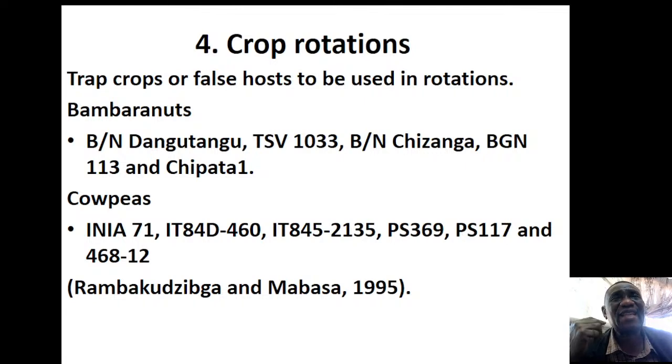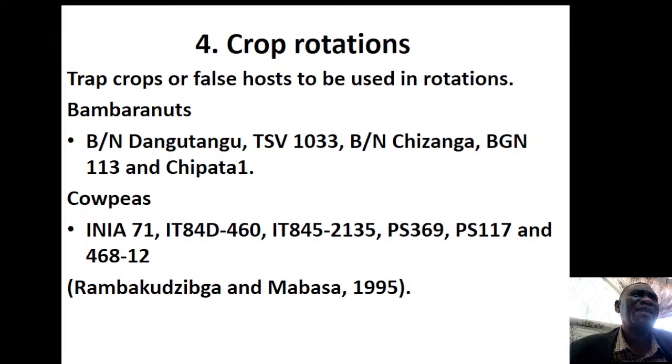If you look at the life cycle of Striga, where we have germination, we can cause germination, but on the attachment there's going to be failure because some hosts don't support attachment.